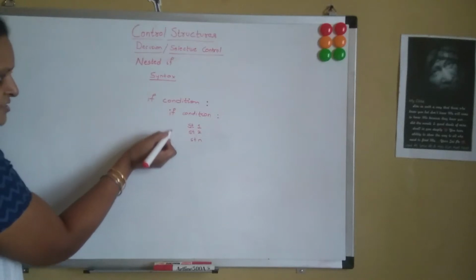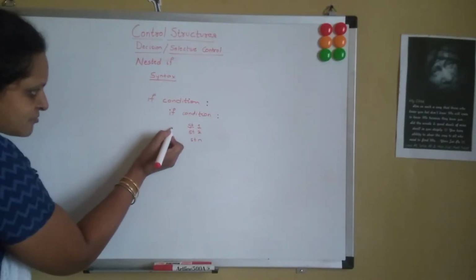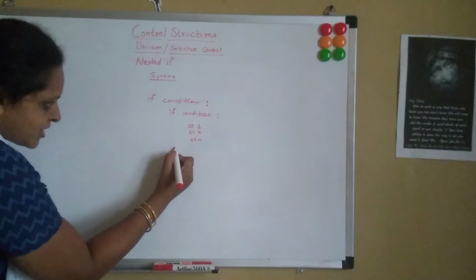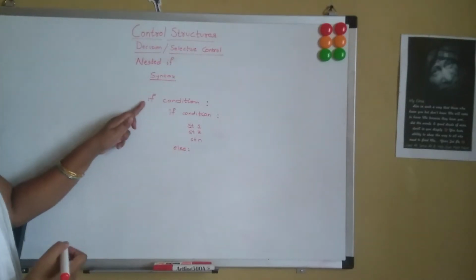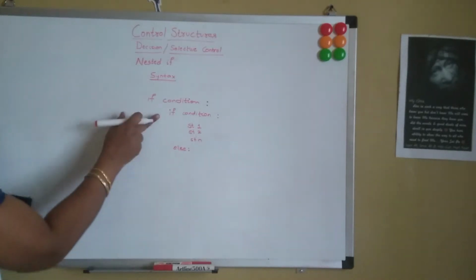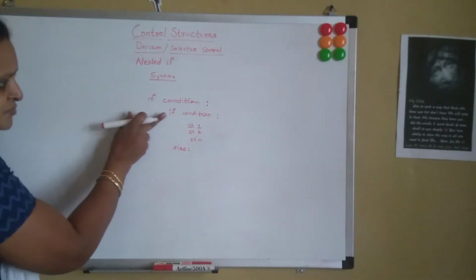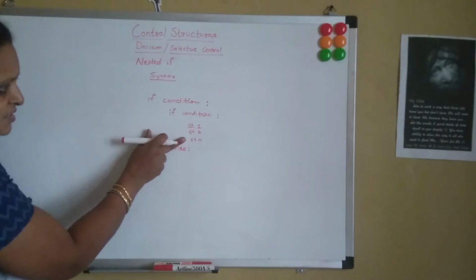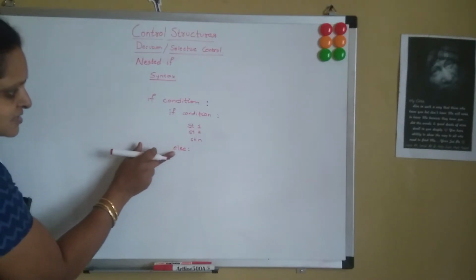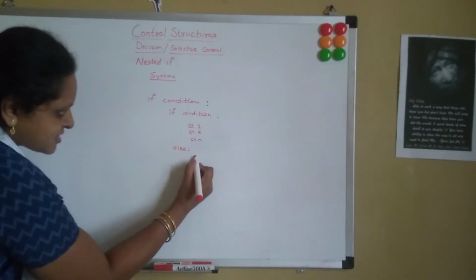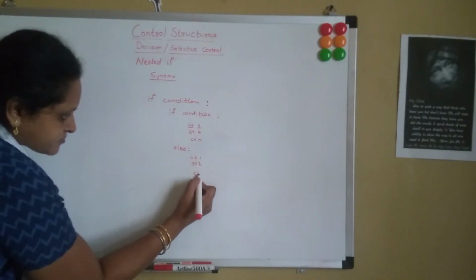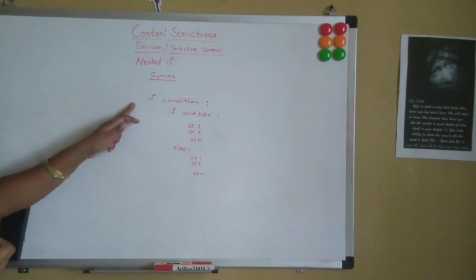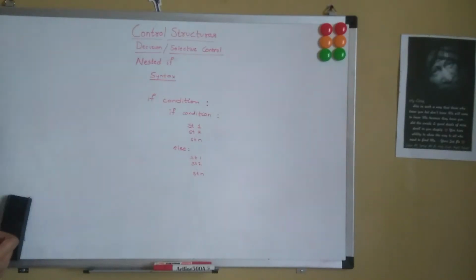If this condition turns out to be false, then we have the else condition of the inner if. This is the outer if and this is the inner if. If the inner if condition is satisfied, a set of statements get executed. Else another set of statements get executed. So here, if and else are the keywords or the reserved words in Python programming language.